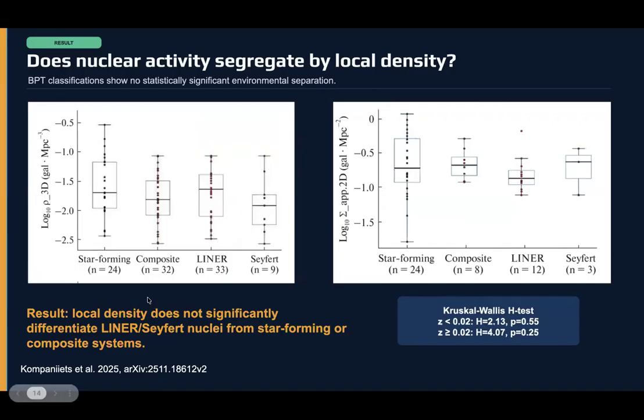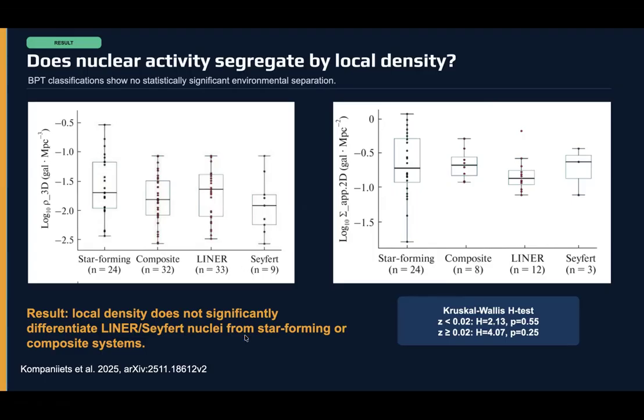We plot our results with different activity types together with the density properties, and used the Kruskal-Wallis test and didn't find any statistical difference between these activity classes.